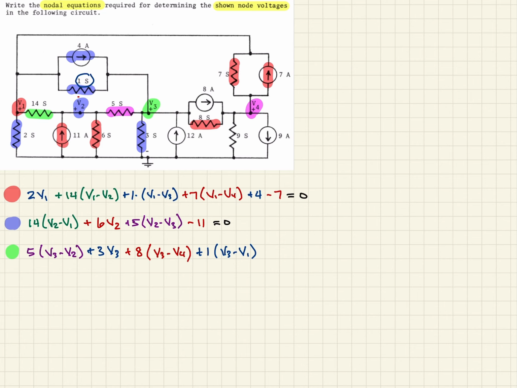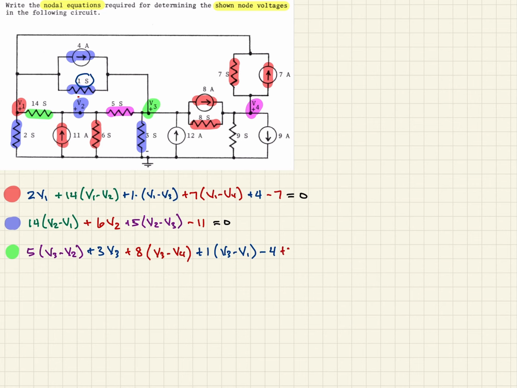Next, we want to catch the current sources. So we see we already have the blue one next to the resistor we just did, and that's 4, and that's coming into our node, so that'll be negative. And then we have the 12, which we will show, or we'll do the 8. Let's do the 8. So the 8's leaving our node, so that's positive.